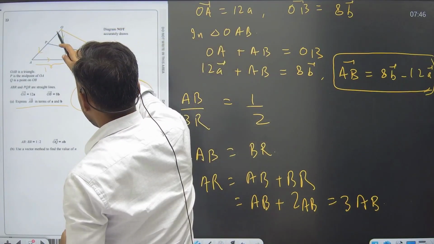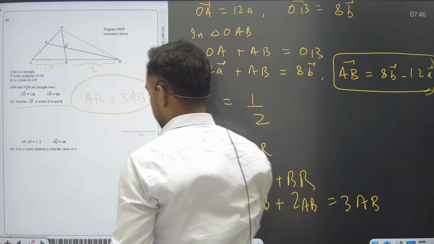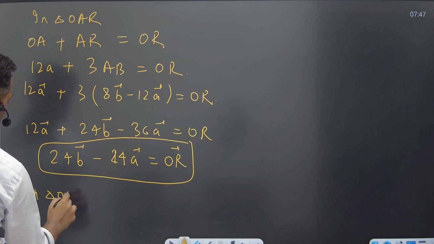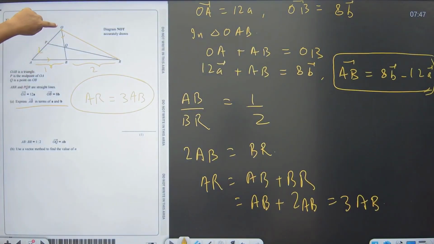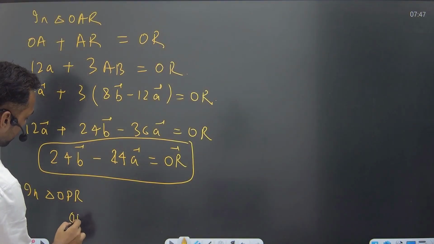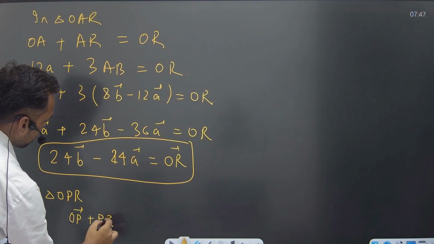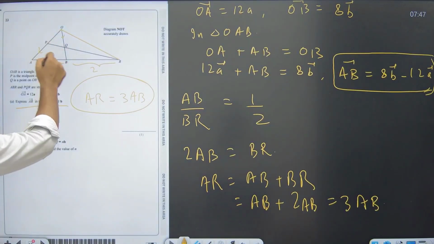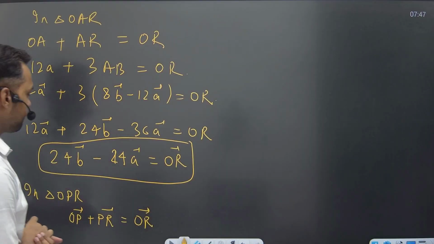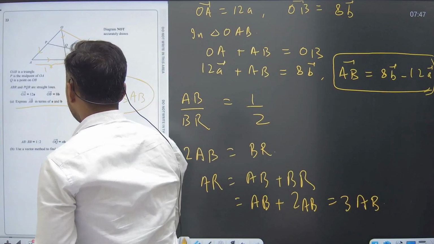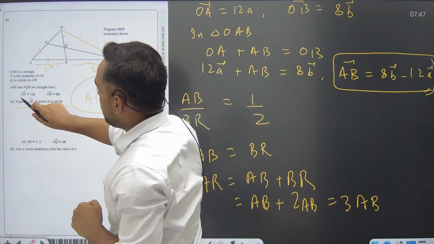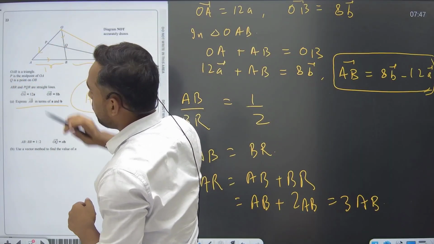Now if we see in triangle OPR, OP vector plus PR vector will be equal to OR vector. What is OP here? See, P is the midpoint of OA and OA is 12A, so OP will be 6A.